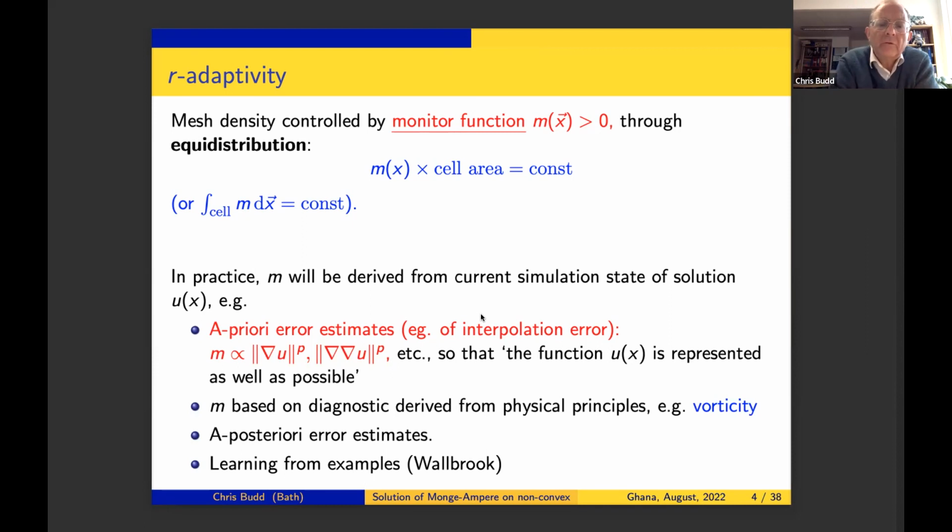And a final and really quite exciting new development is to combine all these ideas with modern machine learning, and you will train your method on a lot of examples, and the method learns an appropriate monitor function from those calculations. And Jason Walbrook at Imperial College has been pioneering ideas along those lines. So that's how you might choose your monitor function, and there's a whole sort of science associated with that.